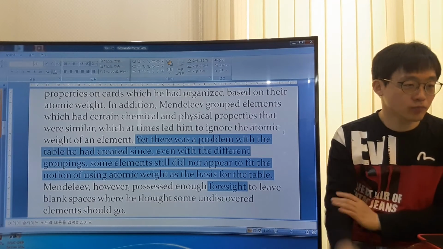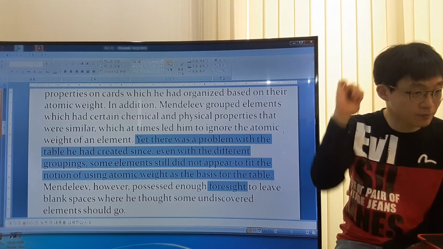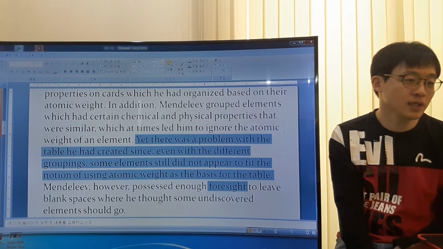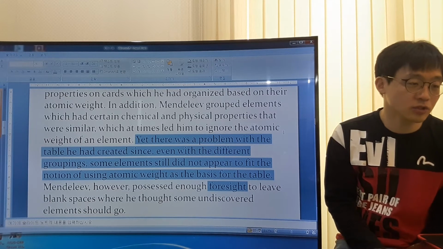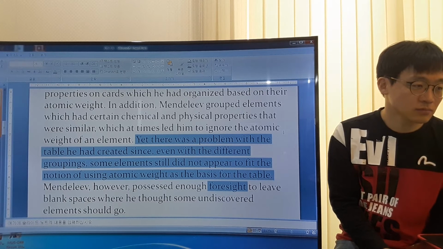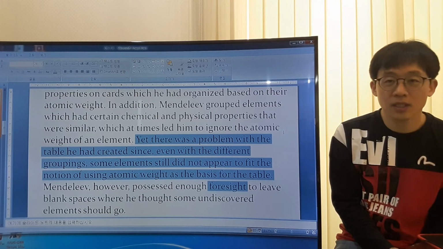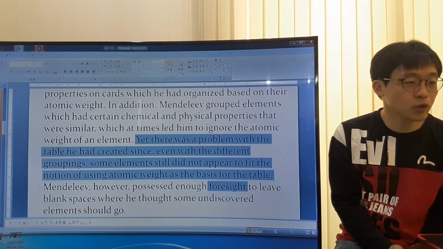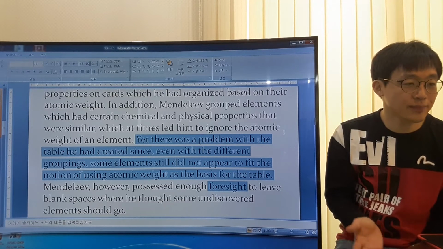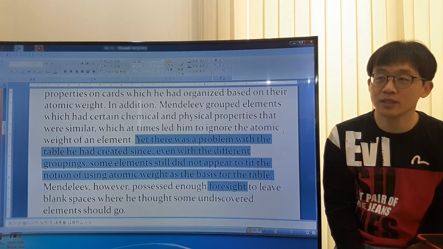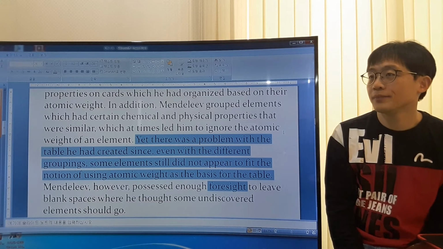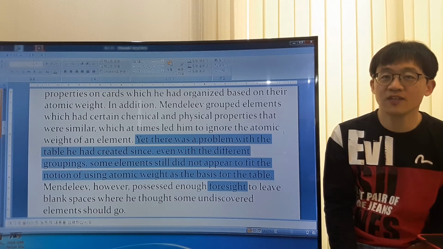Atomic weight was the basis for the table. What's the basis? Basis is an important part of something from which it develops more.